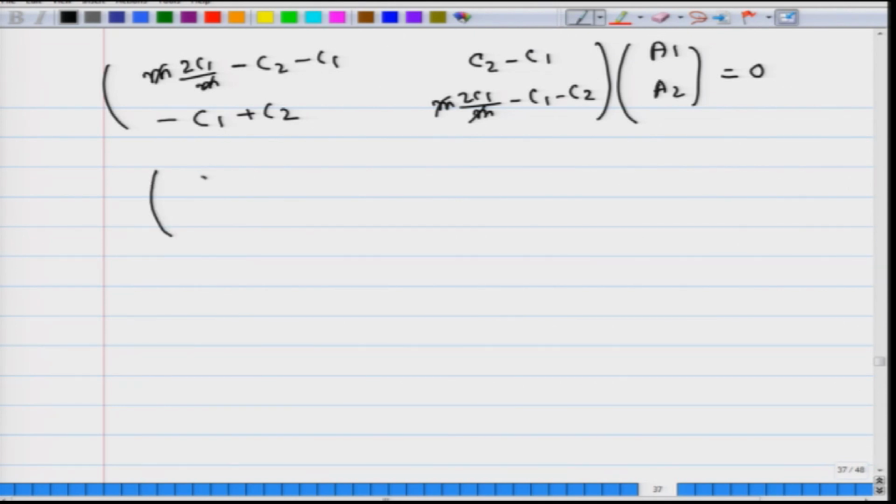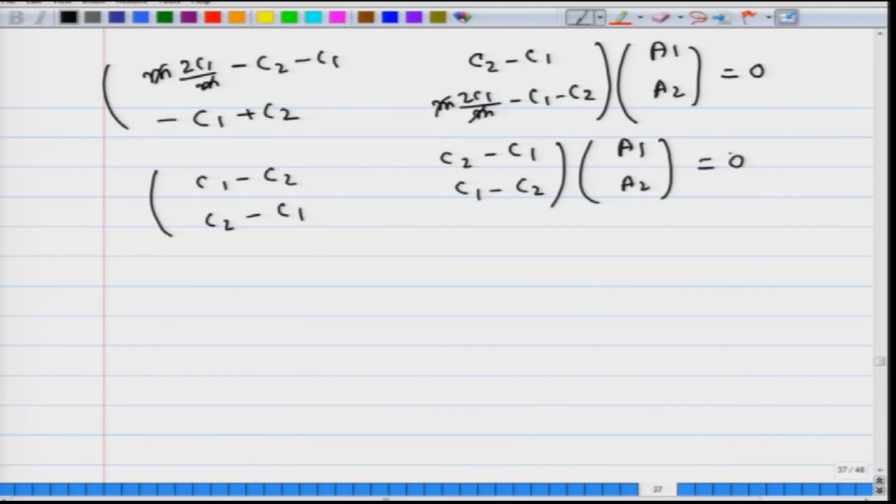So, it will be C1 minus C2, this is C2 minus C1, this is minus C1, I can write it as C1 minus C2, and this is 2 C1, so I can write it as C1 minus C2, into A1 by A2 equals to 0. So, now if we just take one equation, C1 minus C2 into A1 plus C2 minus C1 into A2 equals to 0.